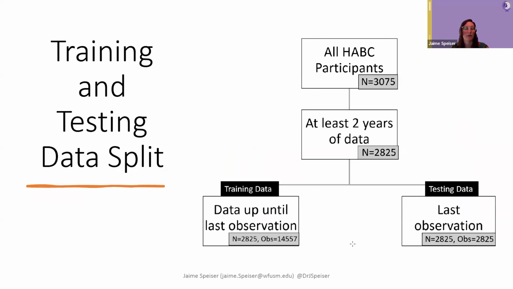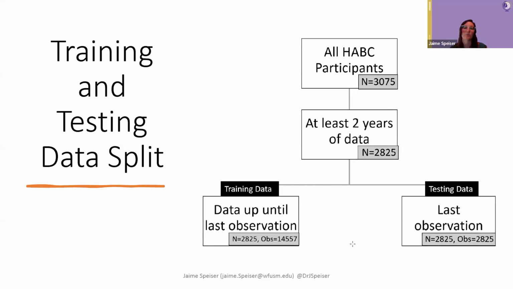Before I get into the results, the other thing I wanted to mention is that when you have repeated measures data, you have to be really careful about how you split your data into training and testing data. The way we decided to do it was to include data up until the last observation for every participant in the training data, and then our testing data set was the last observation we had for each participant.